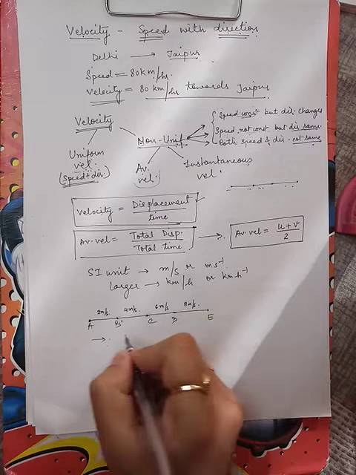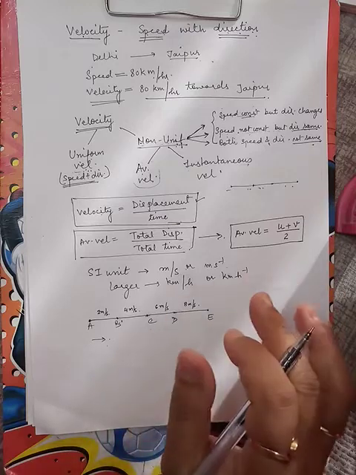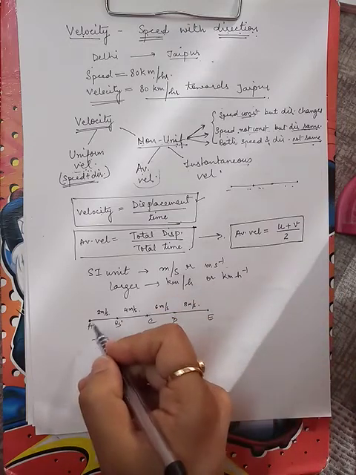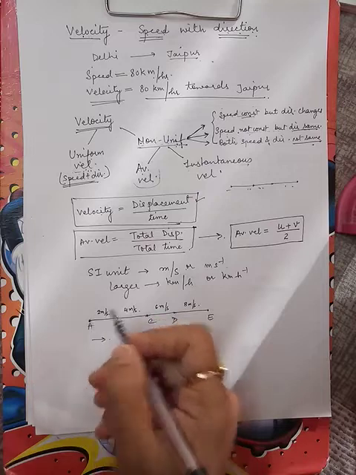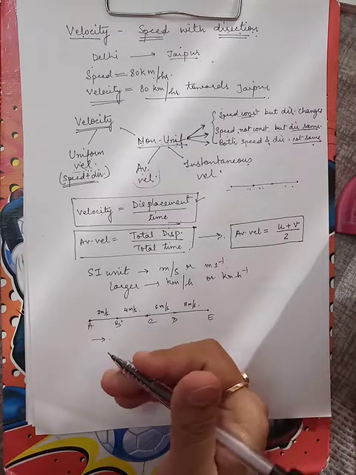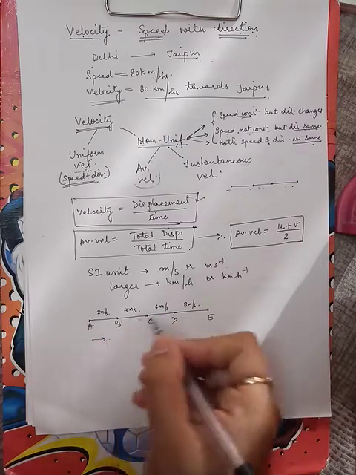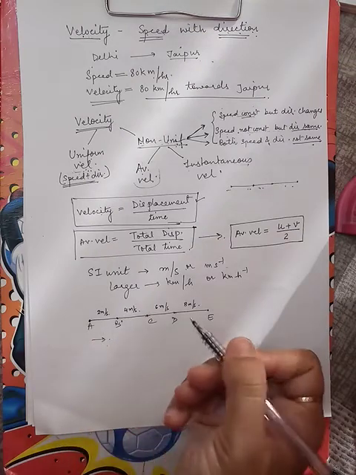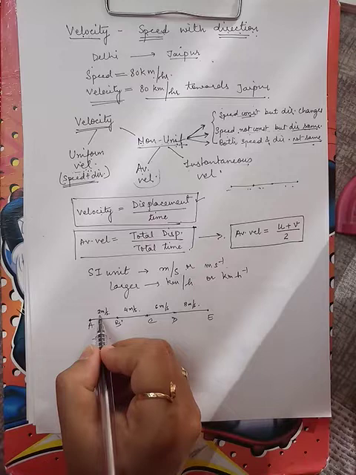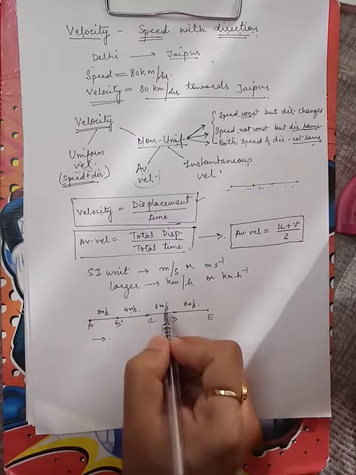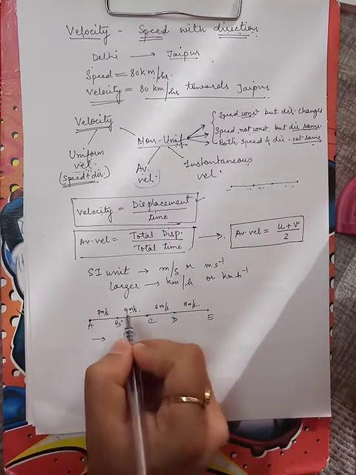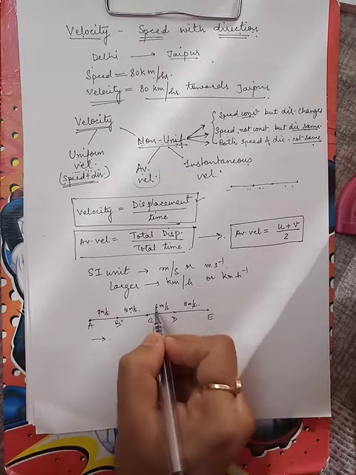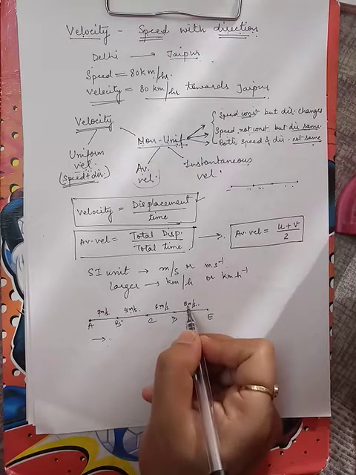Whatever is changing, we can consider anything, whether the time is changing or the distance is changing, but the velocity is changing because of those factors. And it is changing by what factor? Every time it is changing by a factor of 2. You can see 2 plus 2 is 4, plus 2 is 6, plus 2 is 8, like this.